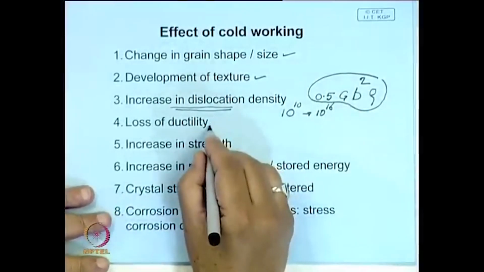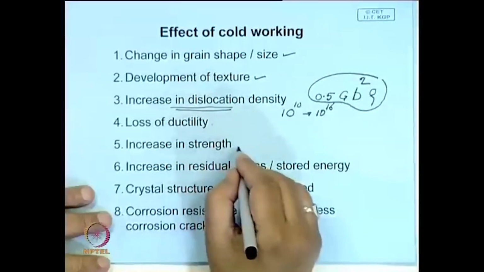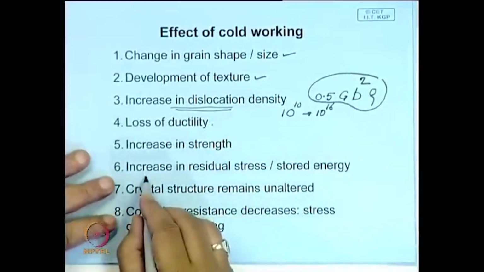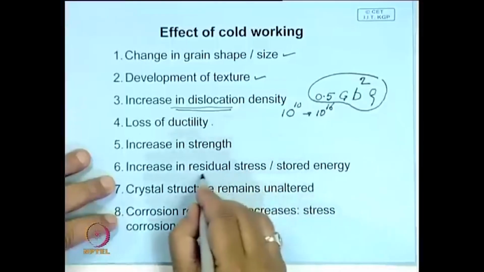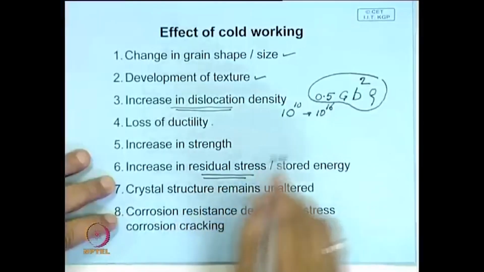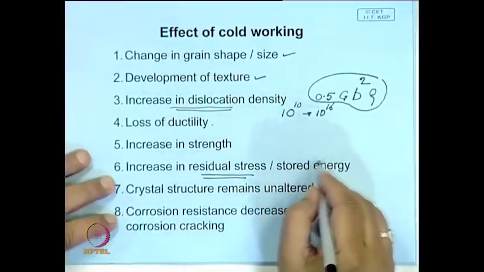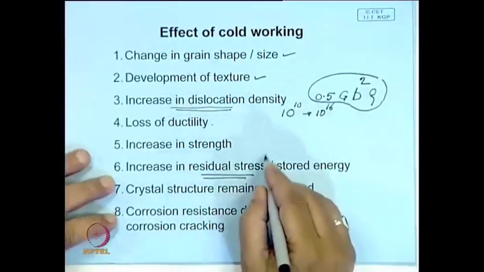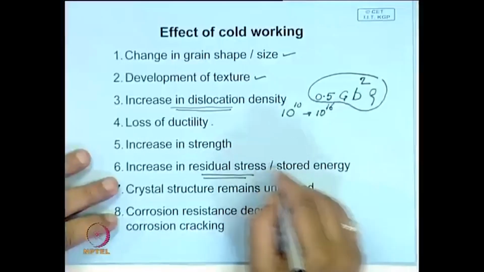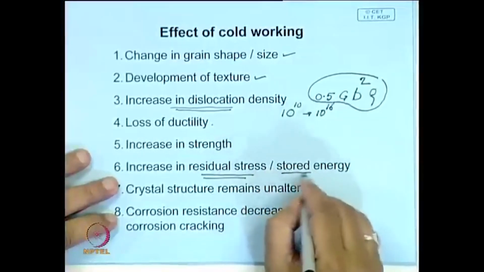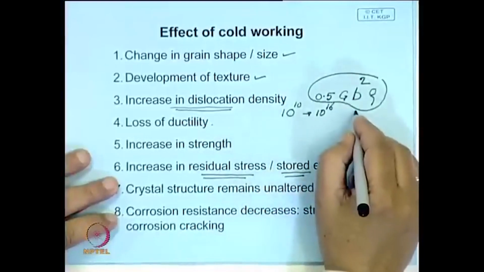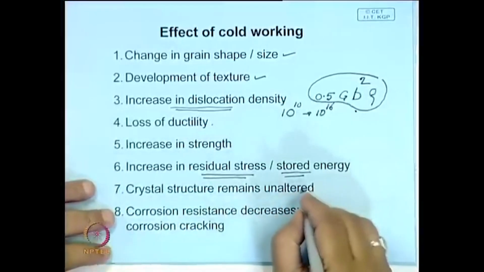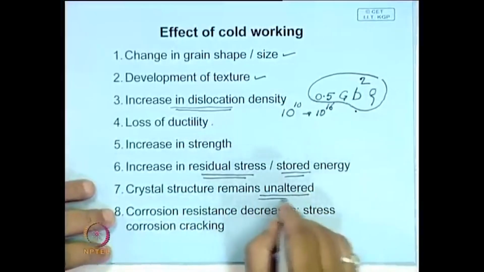And the material work hardens, there will be loss of ductility, there will be increase in strength, and there is an increase in residual stress. So, different areas of the material may deform to different extents. There will be some elastic stored energy because of the mismatch of these elastic strains, and then there will be stored energy as a result of high dislocation density, but the crystal structure of the material will remain unaltered.